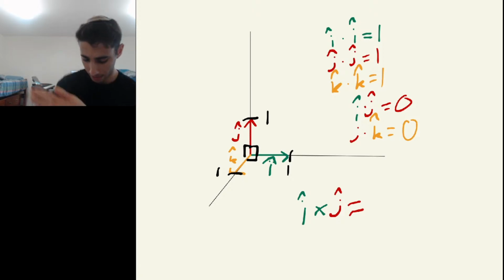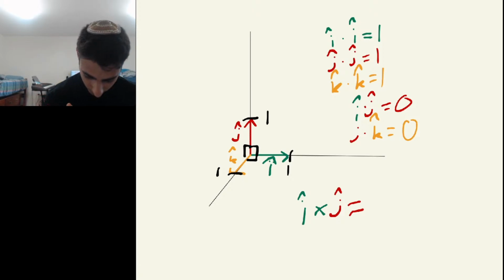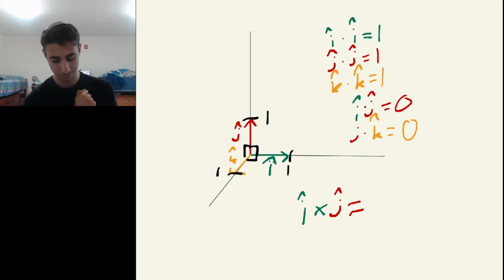So you put your right hand by the first vector, you turn your fingers to the second vector, and the way your thumb is pointing will be the final vector's direction. Because of this, i cross j is going to be 1 times 1 times sine of theta, theta being 90 degrees, sine of 90 degrees is 1, so it's going to have a magnitude of 1. And the direction is in the z-axis, because it's coming toward us.